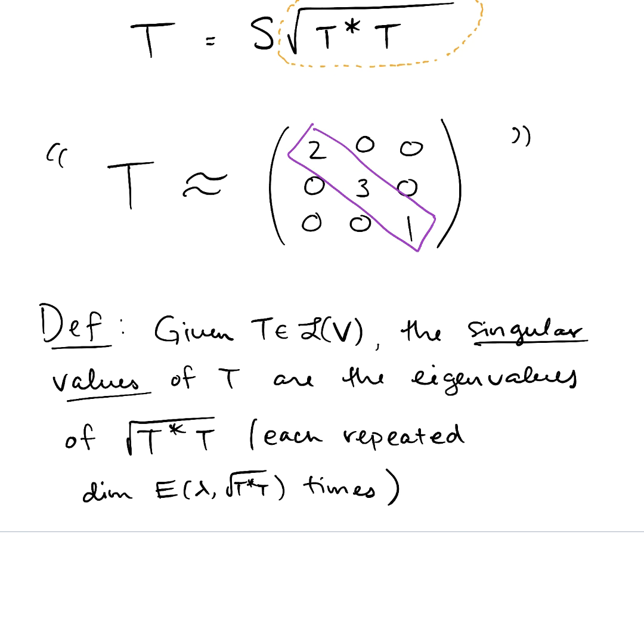So if the diagonal on that matrix there, instead of 2, 3, 1 had been 2, 2, 1, then we would list the singular values out as 2, 2, 1, not simply 2, 1. So you always list them out, just by convention, according to the number of times they appear there on that diagonal. So these things, the singular values of T, they're not literally eigenvalues.